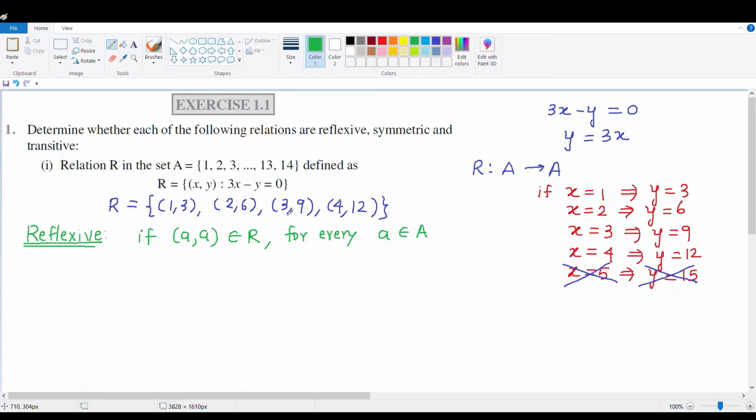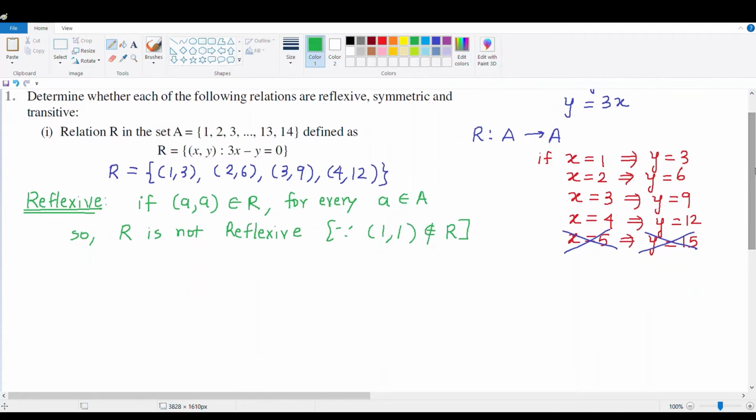So R is not reflexive, and the reason being because (1, 1) does not belong to R.